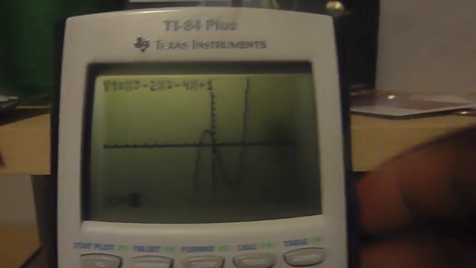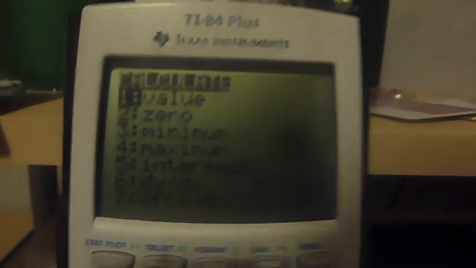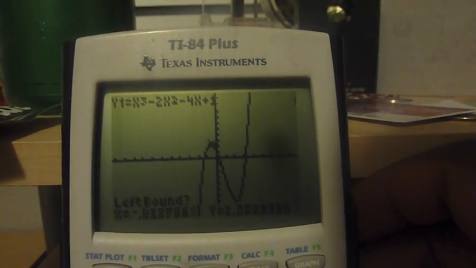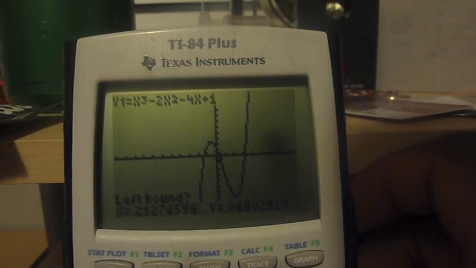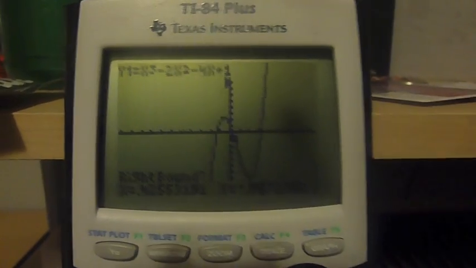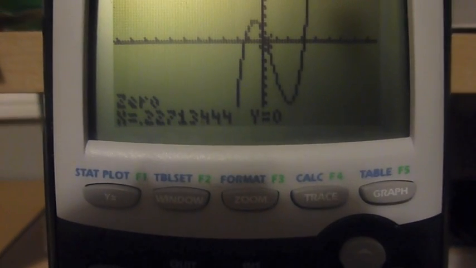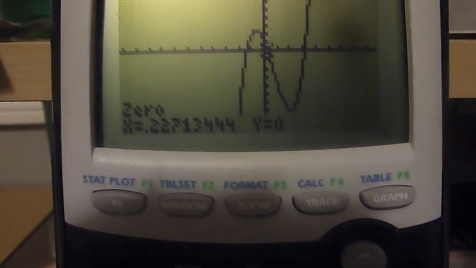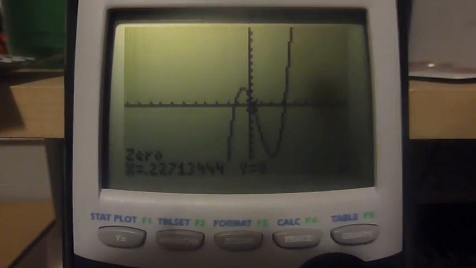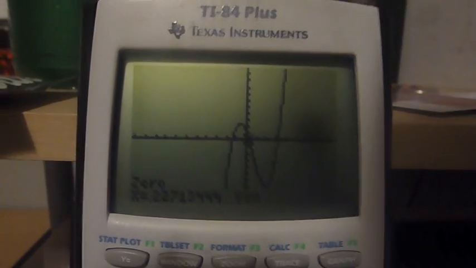Clear that. Second trace, go to our zeros, and then first our left bound point, hit enter, our right bound point, hit enter, guess, and again that's the point in which we have calculated our zero with a multiplicity of 1.